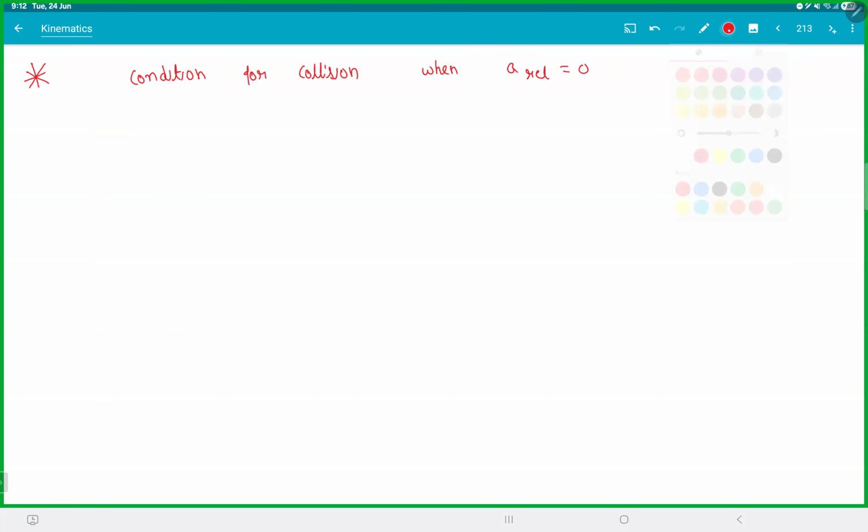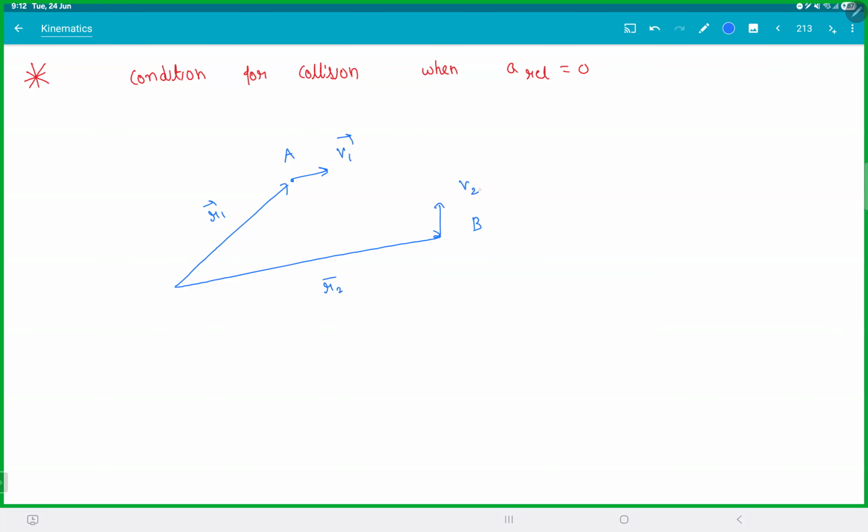Think of it like this. Let's say we have a particle here. This is R1 bar. We have another particle here, B. This is R2 bar. And let's say this is going with velocity V1 bar, and this is going with velocity V2 bar. If they ask you what is the condition for these particles to collide?